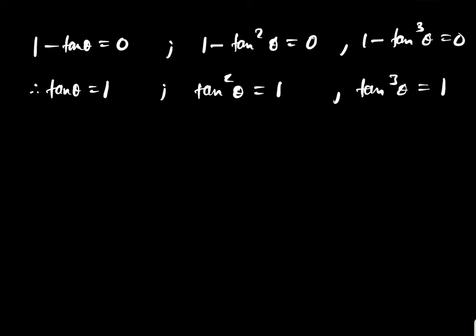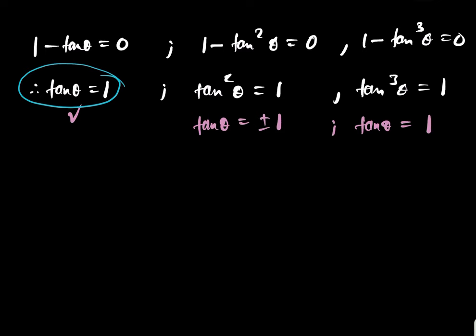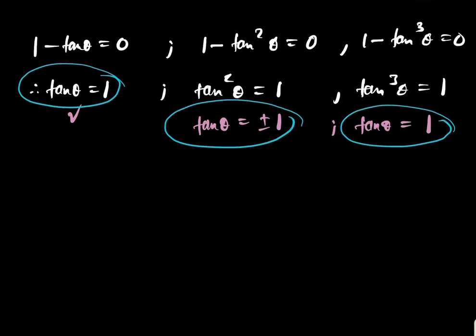Now, this one already is solved. This one, if you solve it, you are going to get tangent of theta is equal to plus or minus 1. And then this one, you are going to get tangent of theta is equal to 1. So what we are seeing is that this tan theta equals 1 is also repeating here, and it also repeats here for plus or minus.